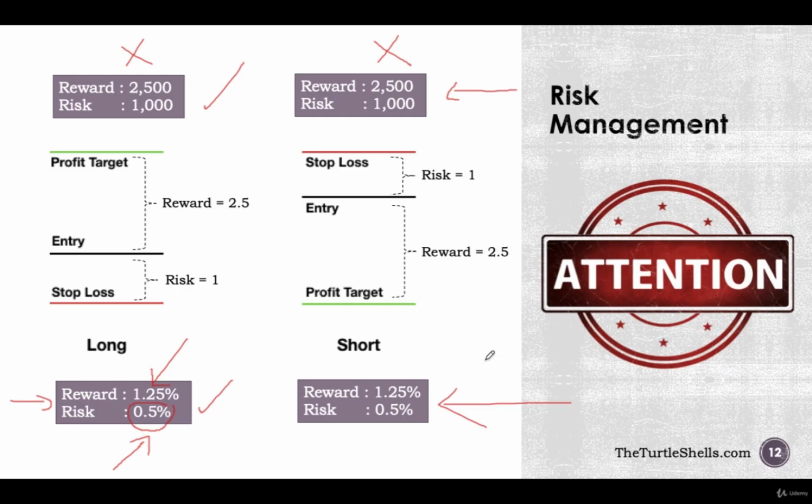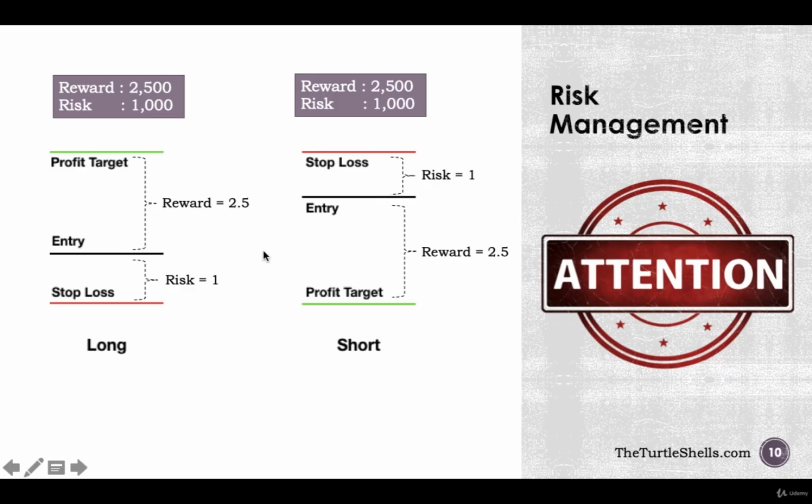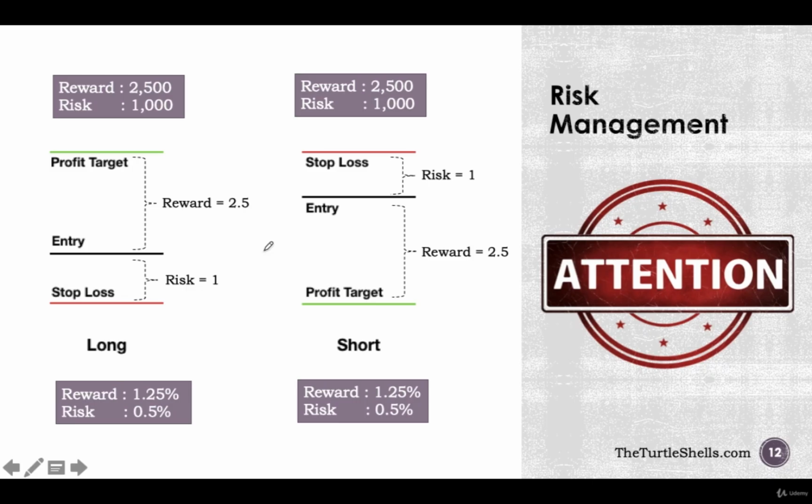Before even I take the trade, I have already defined my risk. Okay, that is what risk management is all about. So I would suggest you use this system. You take a percentage of your account size as a predefined risk measurement tool, and then you take the trade based on the risk that you have chosen to take per trade.